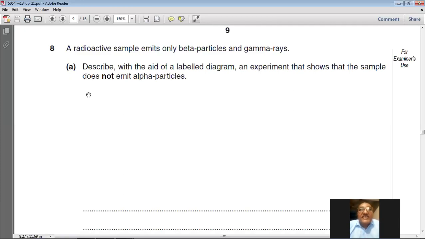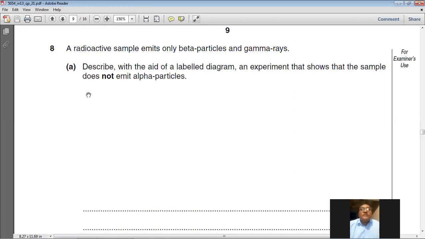The distance between the GM tube and the sample should be just a few centimeters, because alpha particles, if they are present, cannot penetrate more than 5 or 6 centimeters in air. So for precaution, put the GM tube just a few centimeters away from the sample and note down the count rate on the GM tube.